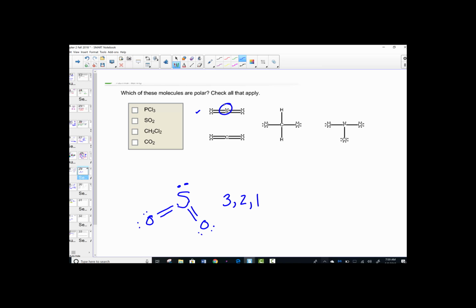See these dots? There are 3 domains. 2 of them are bonded, 1 of them is not. The molecular geometry here is bent, meaning that this exposed electron pair is an area that is electron rich, and therefore, if I stand in the center, all 3 domains are not identical. That molecule is polar.